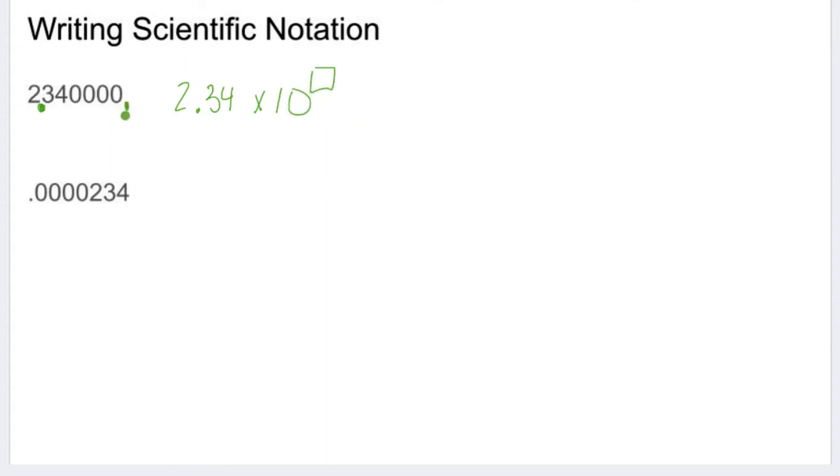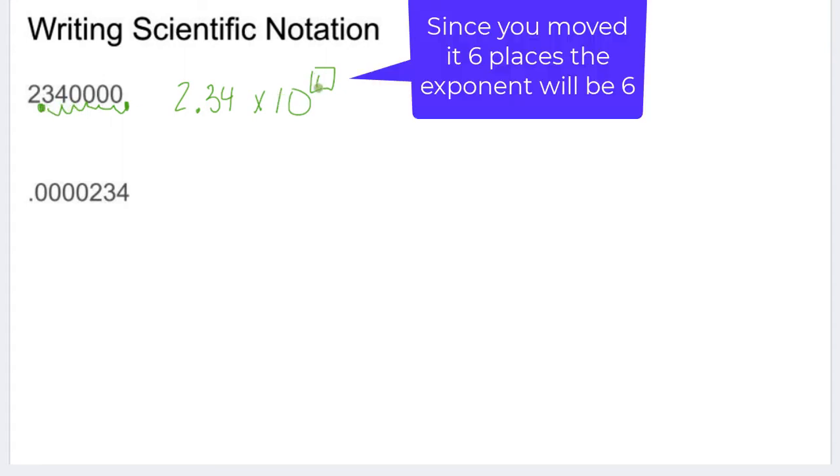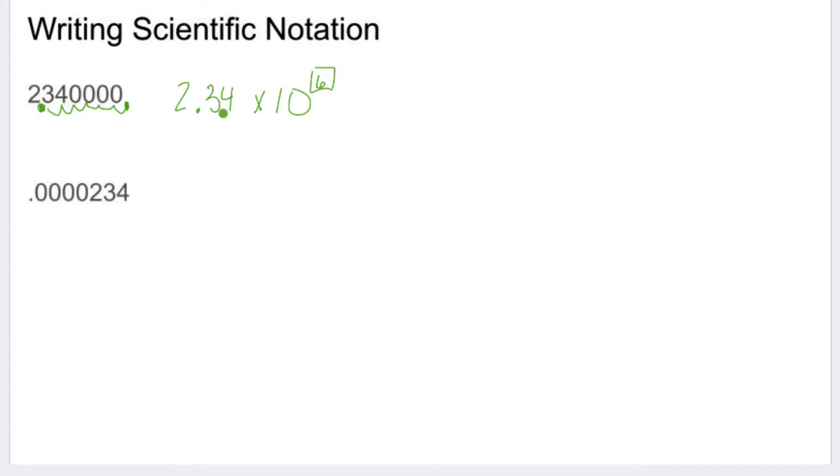Just check how many decimal places you moved it: 1, 2, 3, 4, 5, 6. So 2,340,000 is just written as 2.34 times 10 to the 6th. It's a much tighter, neater number.